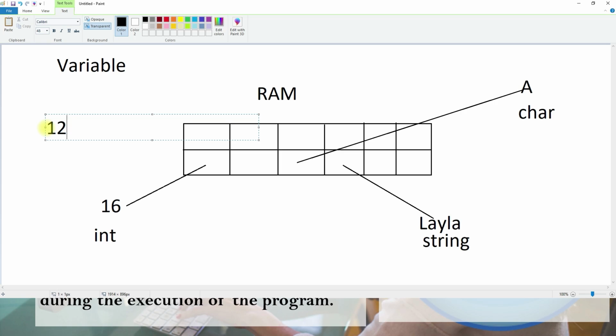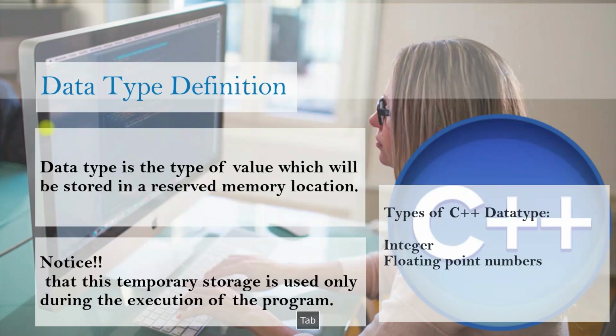This is a complete number. That's why this is an integer. But if you have 12 point, for example, 1, 2, this is not an integer number. This is a floating point number. Okay, understood?